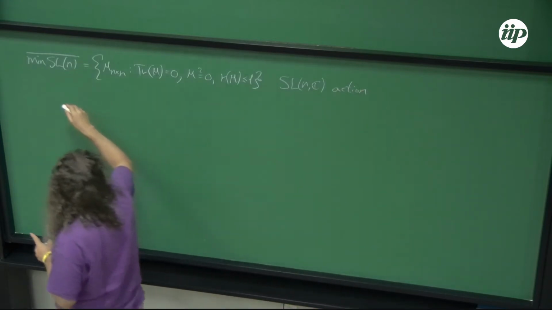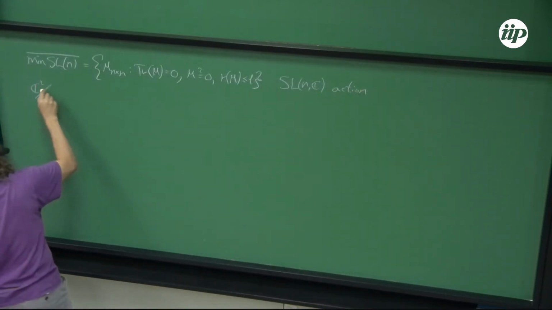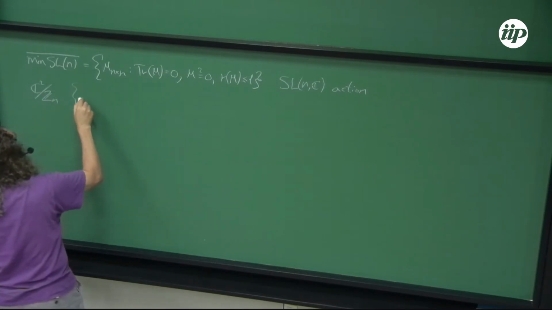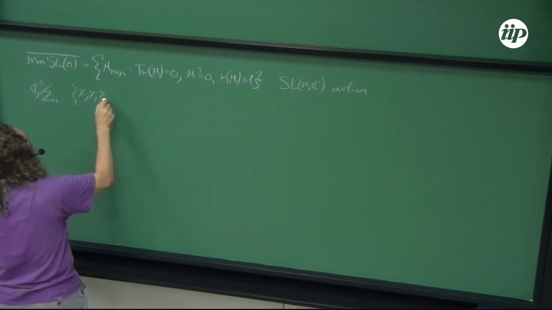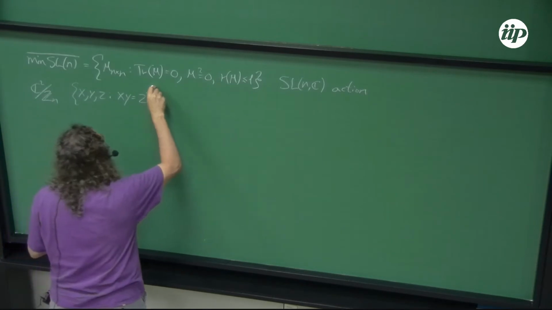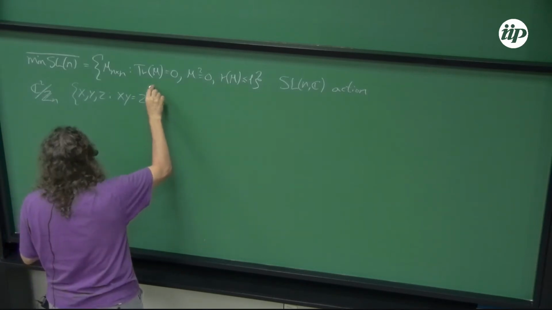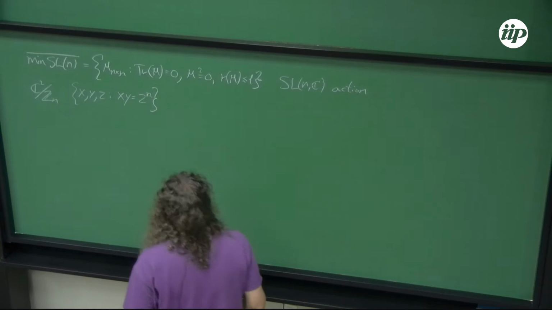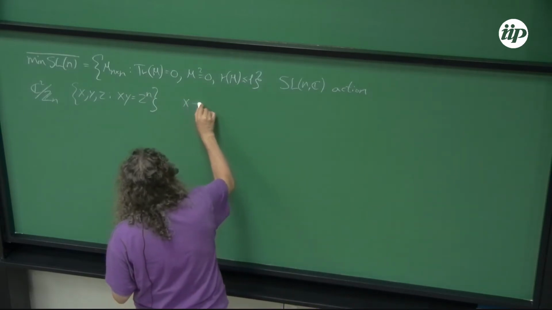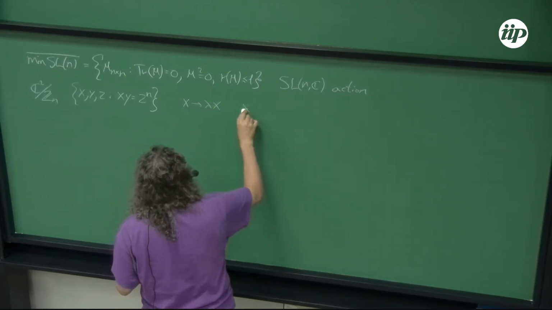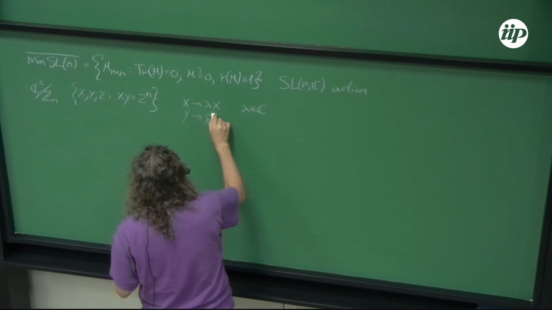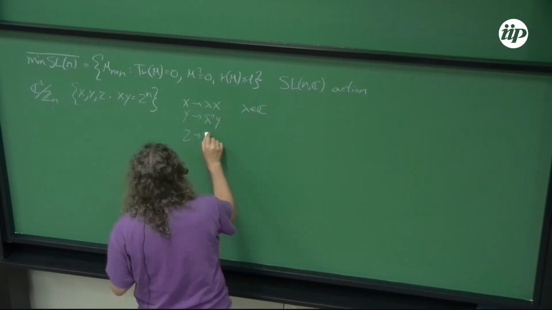On the other hand, C^2 mod Z_n is just the set of 3 parameters x, y, and z, such that xy is equal to z to the n. And there is a natural symmetry here. There is a U(1) symmetry if I take x to lambda x and y to lambda minus 1 y and z to itself.